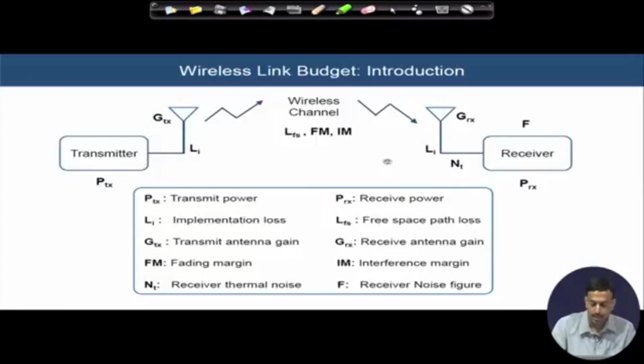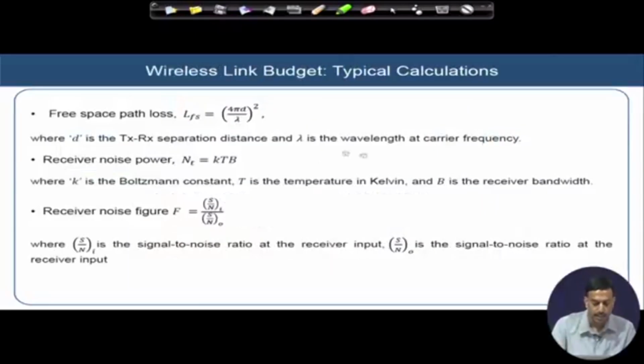Secondly, I spoke about receiver noise, which is always present at the receiver. This is nothing but the thermal noise, which can be expressed in terms of the Boltzmann constant K, the temperature T in degrees Kelvin, and the receiver bandwidth B in Hertz.